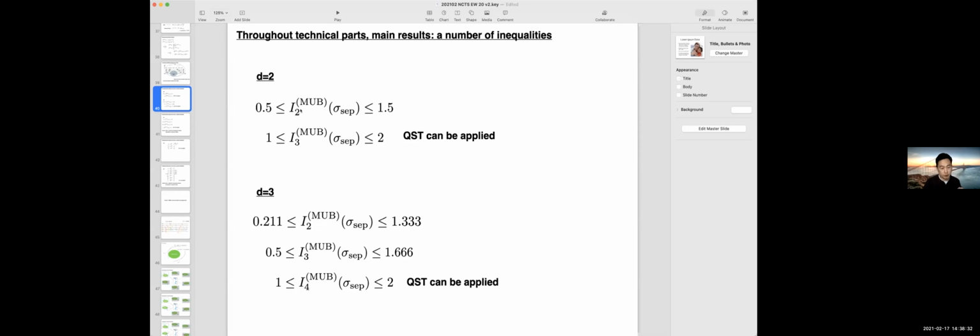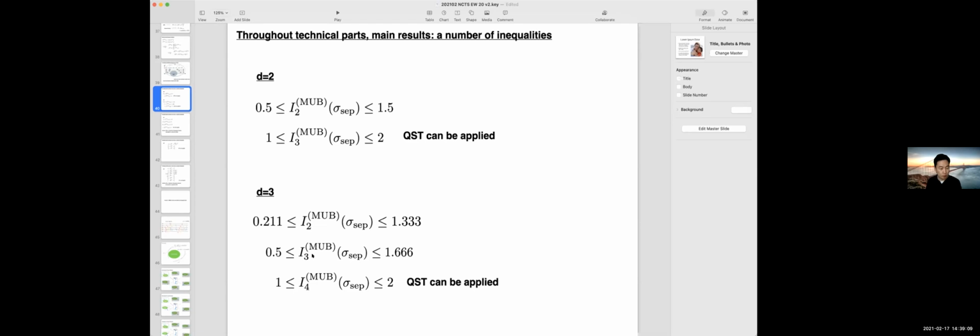And if you increase the number of measurements, and the number of POVM elements, then you have better bounds here. Okay, the same you can also observe in dimension 3. In dimension 3, we have 4 MUBs and the same numbers 1 and 2, and the number here decreases and also decreases here. Okay? So suppose you have just 2 MUBs, you cannot construct the quantum state, but you can apply the measurements to detect entangled states.